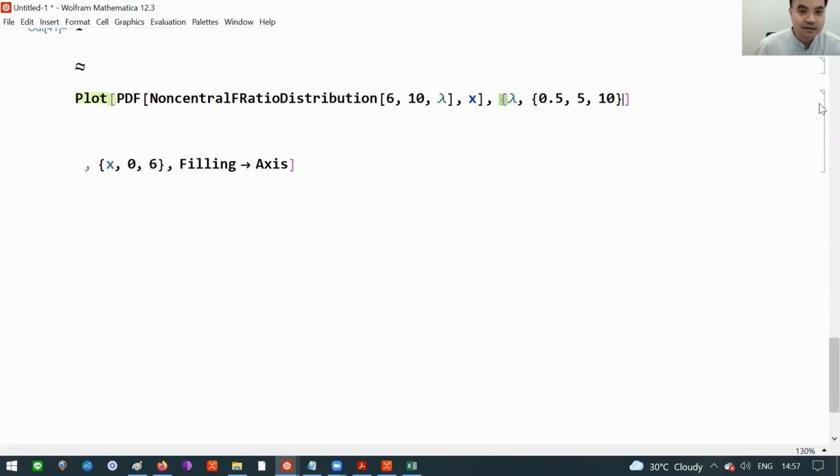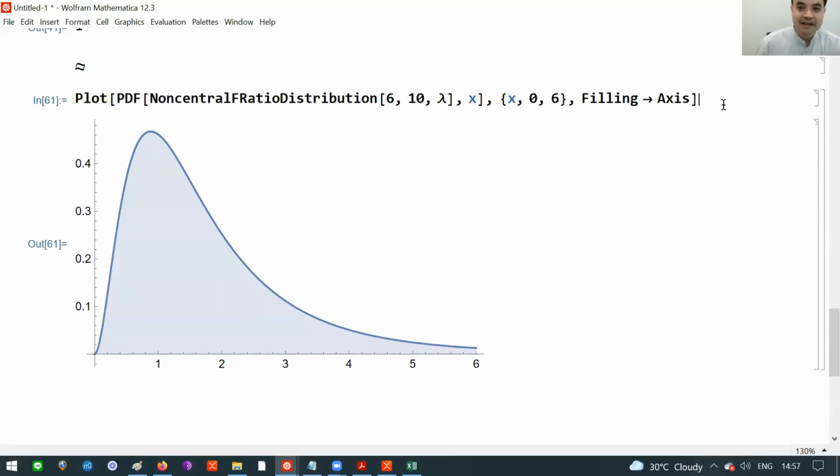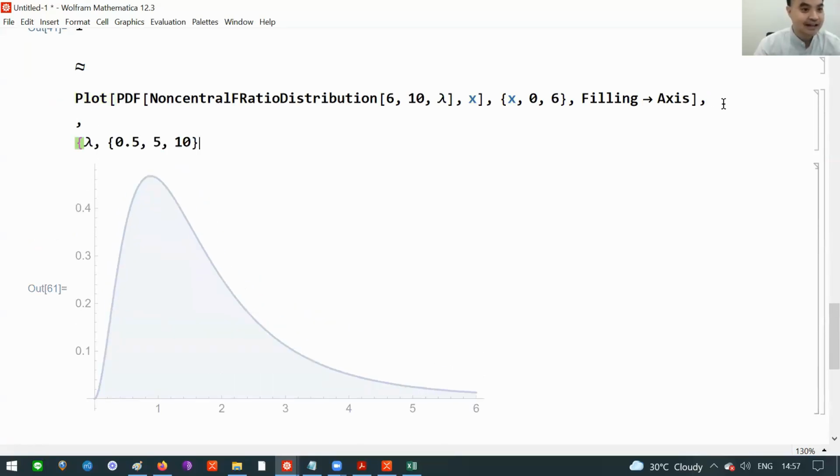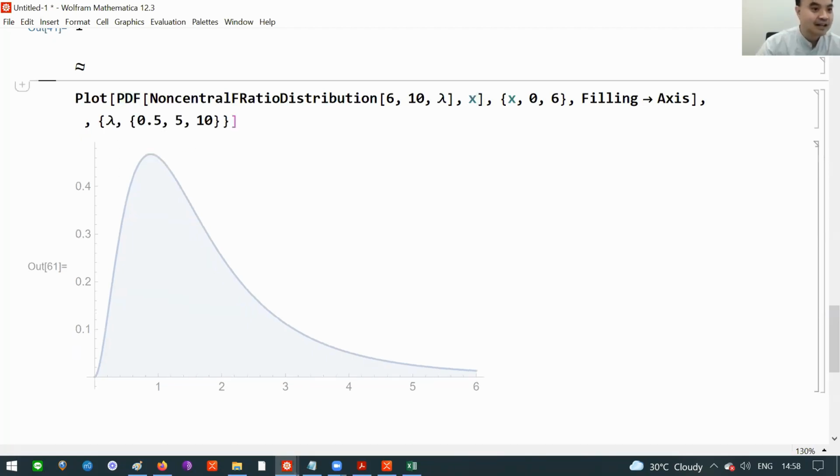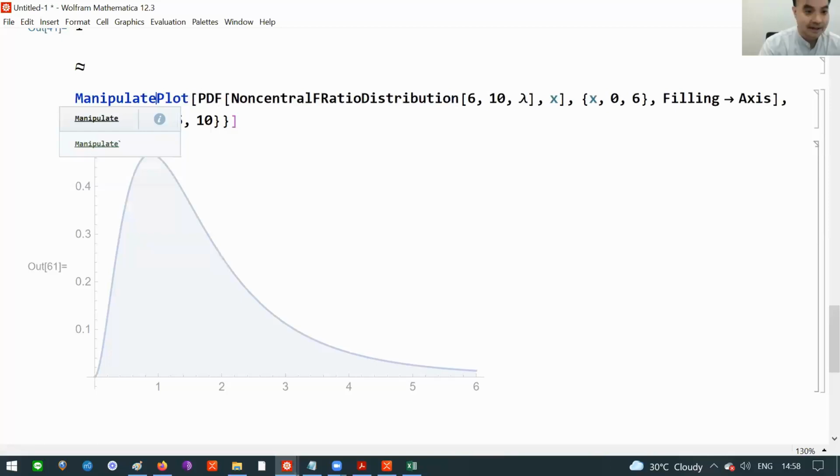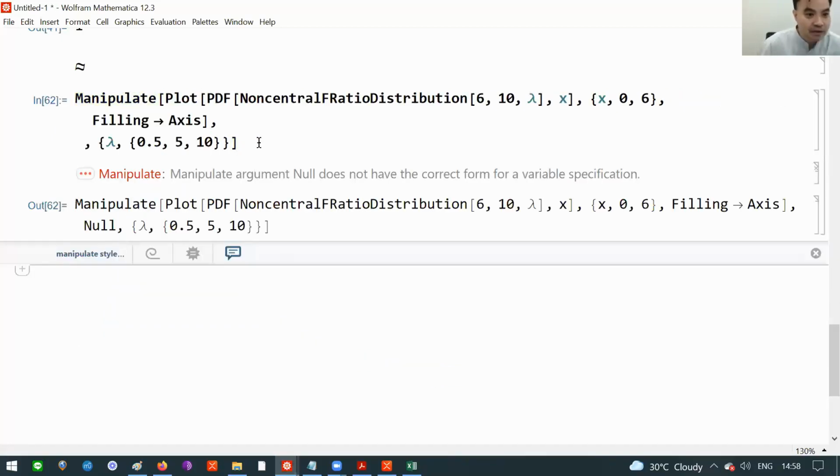Now, guess what? This becomes your Manipulate. First of all, I can do this. But now I take this out and I take this Manipulate. Obviously, it's not that interesting because here they go 0.5, 5, and 10, a special case.